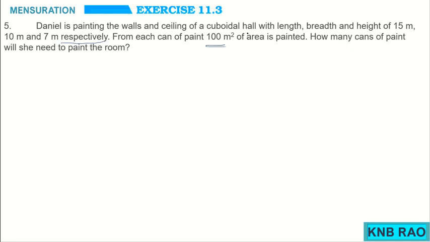First, coming to the area of the room that is to be painted. Area of the places that are to be painted: area of the walls of the room and ceiling.